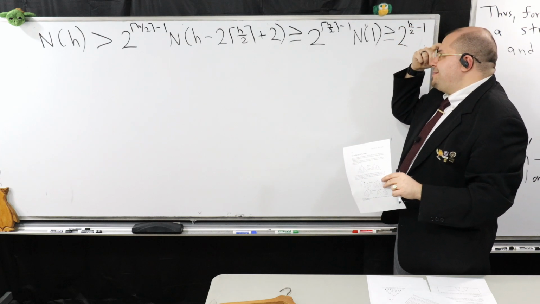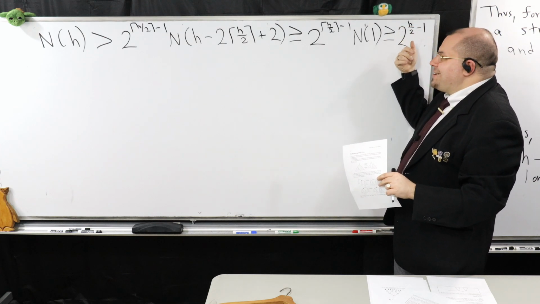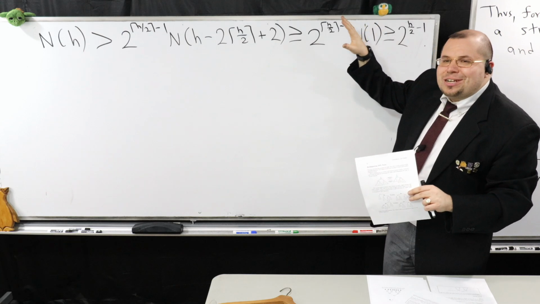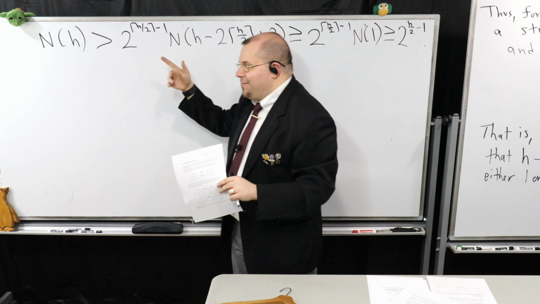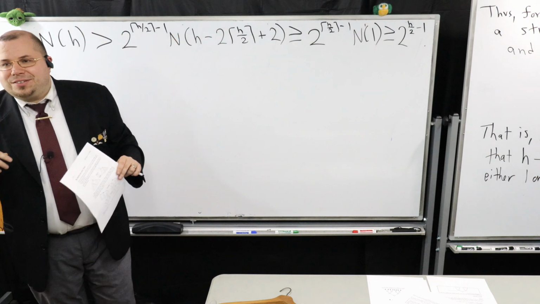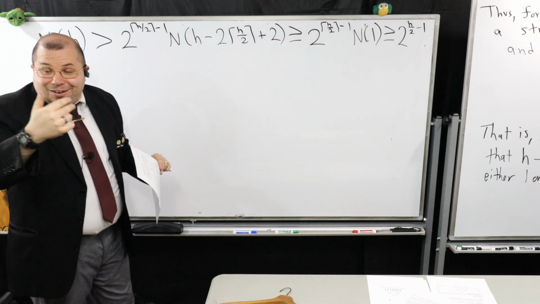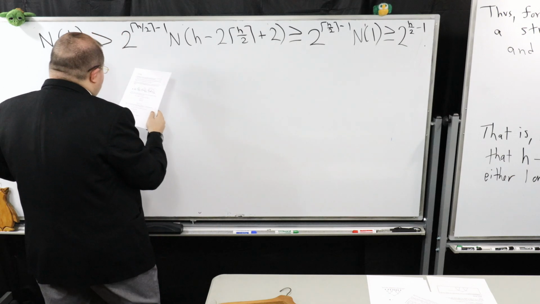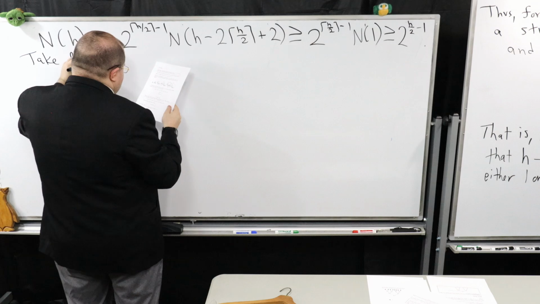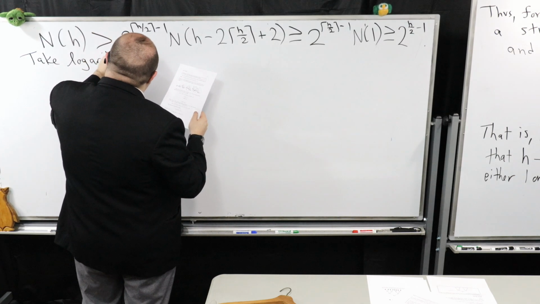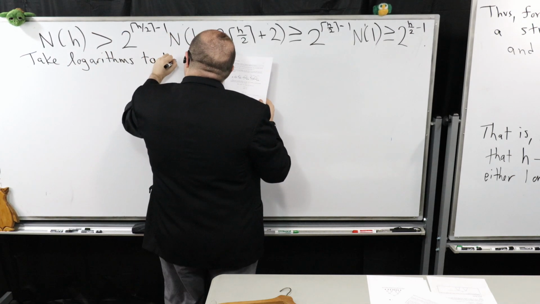I'll give you a tip. I would like to have something that says h in front of something so that I can relate it to n of h. Yeah, logarithms. I'm going to take logarithms to both sides.